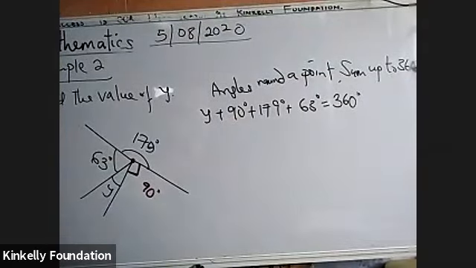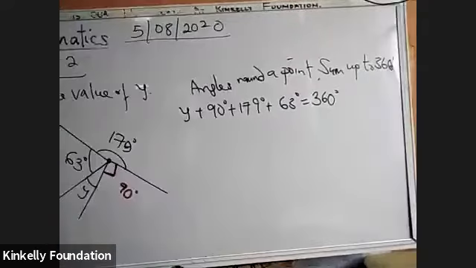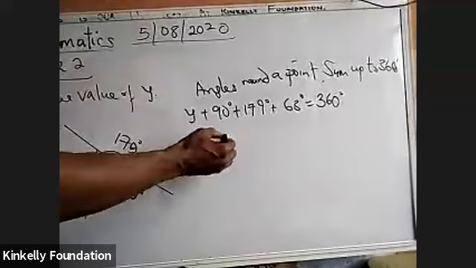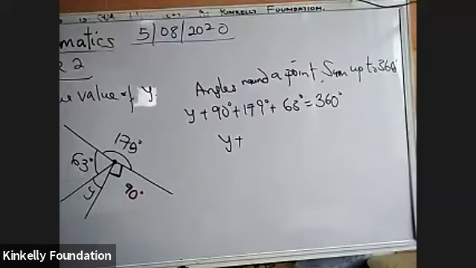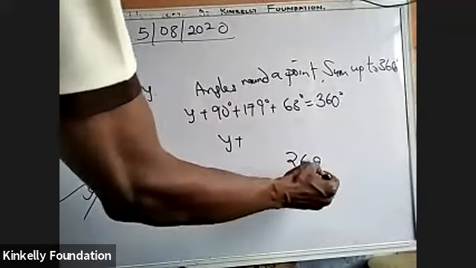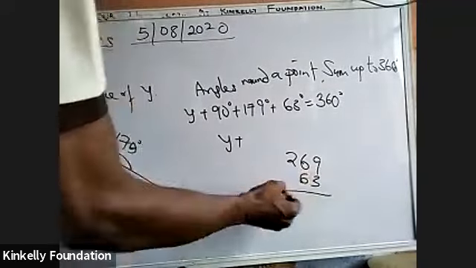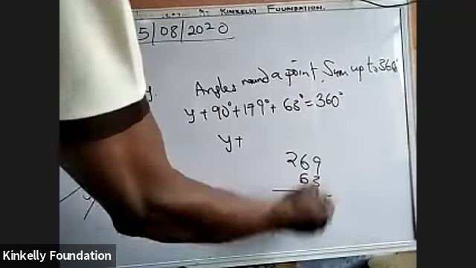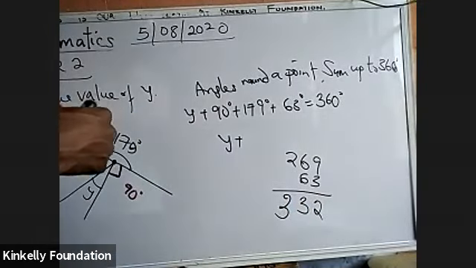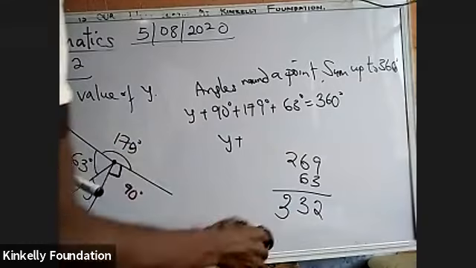This was our agreement. Now, when you sum this, 90 plus 176 is 269. 269 plus 63 will give us 332. Do you get it?